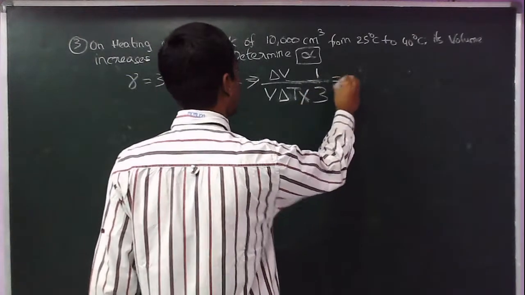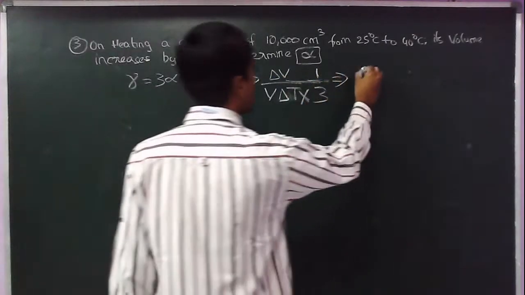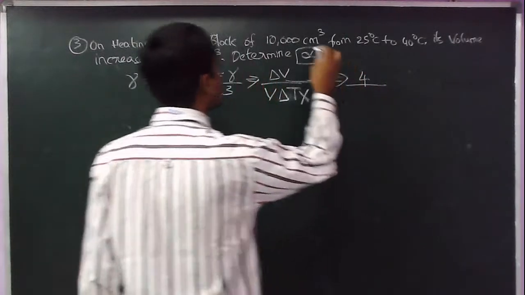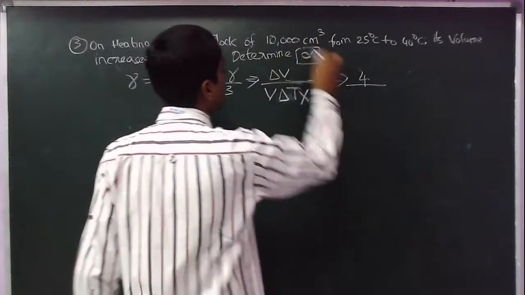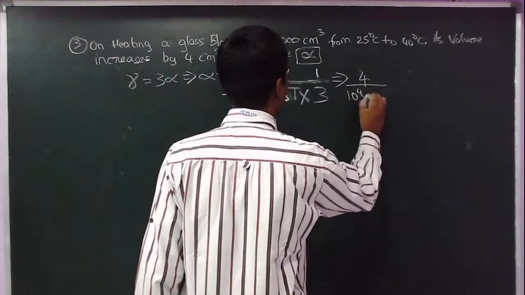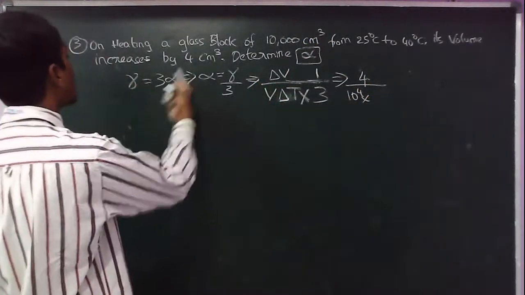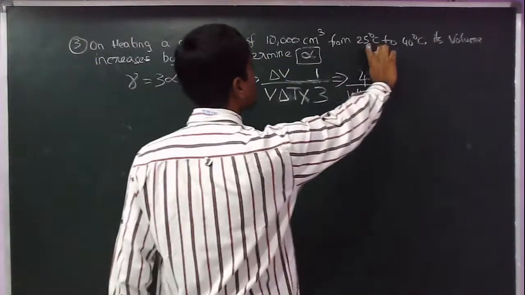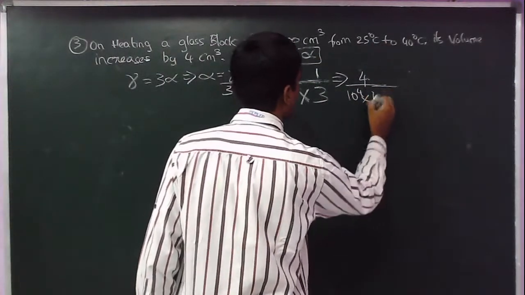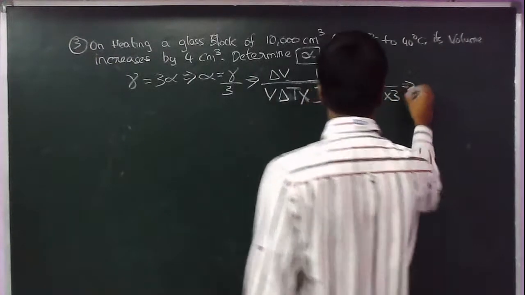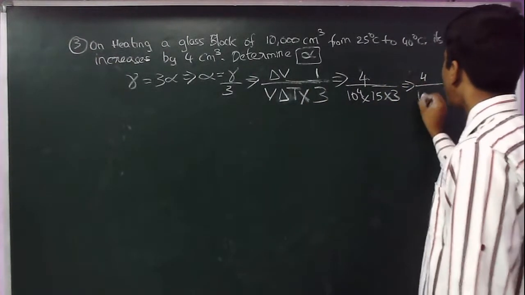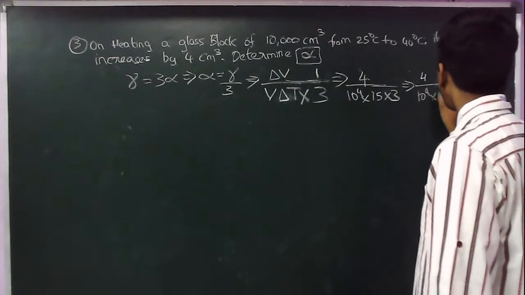Okay. So delta V is 4 upon 10,000, so 10 to the power of 4, into here it is 15 into 3, so it is 45. So 4 into 10 to the power of 4 into 45.